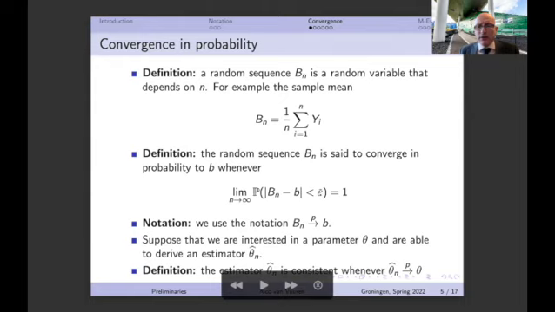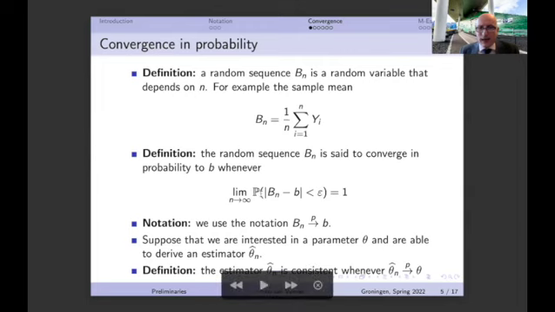You should realize that even though Bn itself is a random variable, a random sequence, this probability by itself is not a random sequence. It's a deterministic sequence.